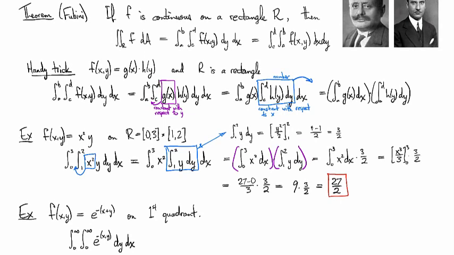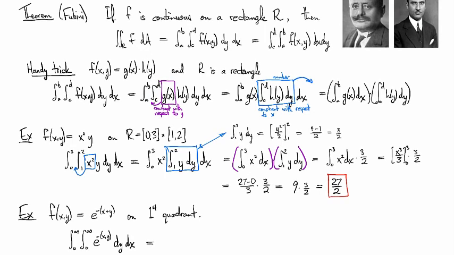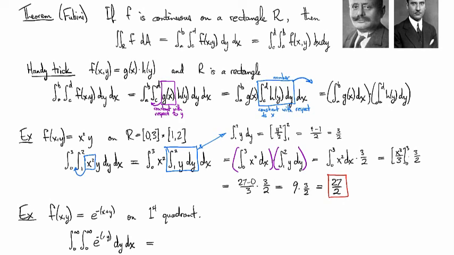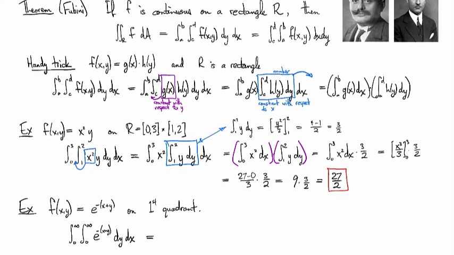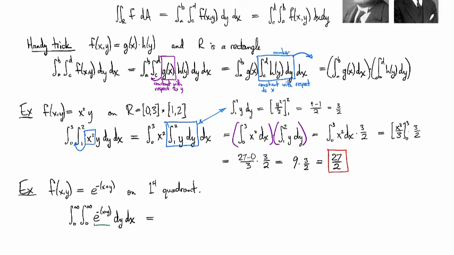And so now the trick is that I can split the integrand into e to the minus x times e to the minus y. Oh, sorry, that should not be a comma. That should be a plus. That's added together. So we notice that this is e to the minus x times e to the minus y.